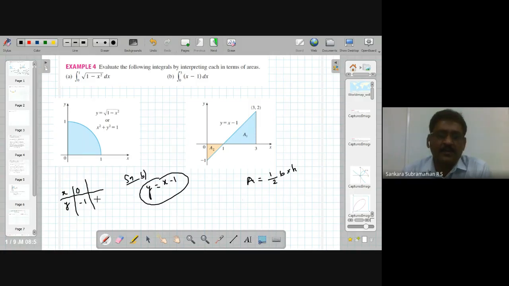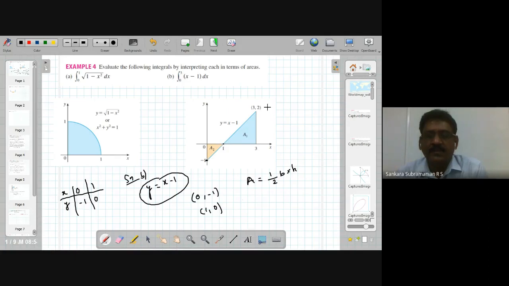Then you put y equal to 0. You will be getting x is equal to 1. So therefore, you can get 2 points. The first point is 0 comma minus 1, and the second point is 1 comma 0, right? So 0 minus 1 is this particular point. 1 comma 0 is this particular point.